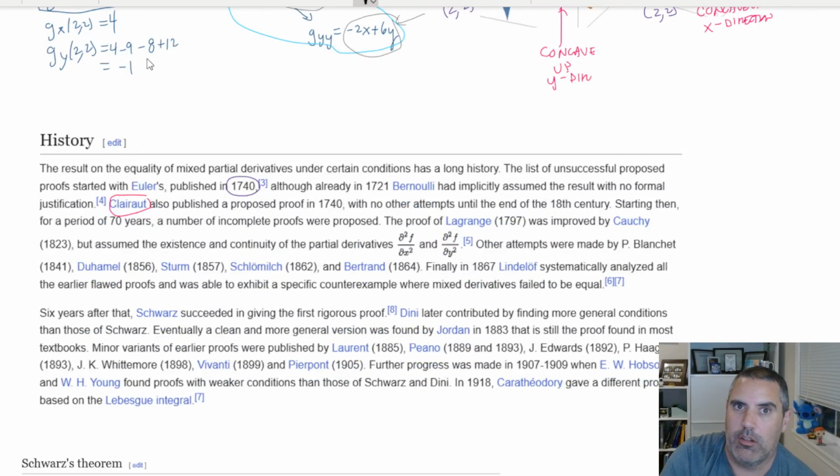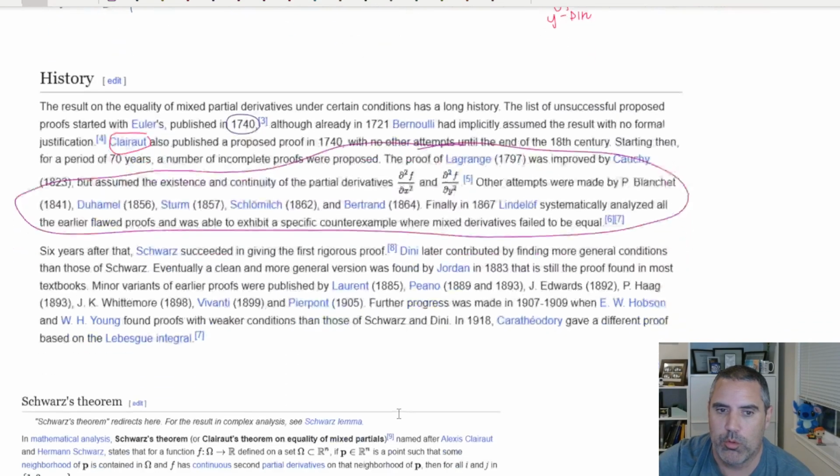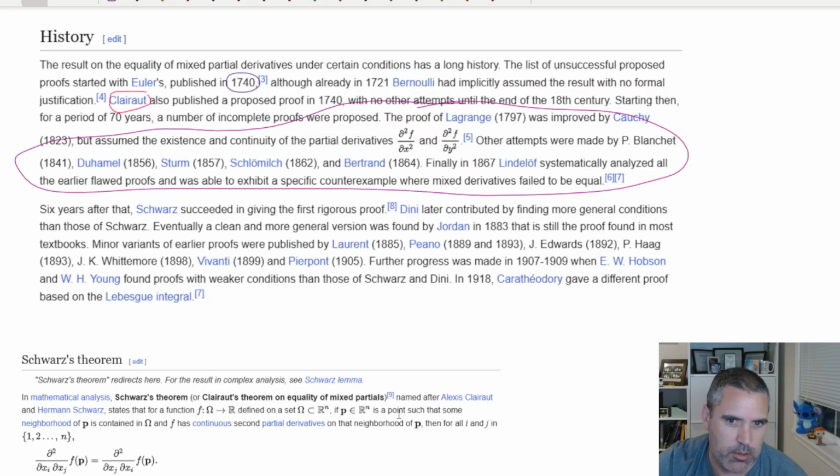But I guess there was a long history of trying to formally prove this over a long time. So anyways, later Schwarz actually gave sort of the most rigorous proof. So it's sometimes called Schwarz's theorem or Clairaut's theorem. Clairaut because he's the first to formally write about it in this way.